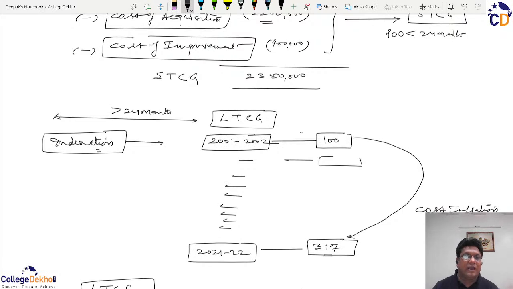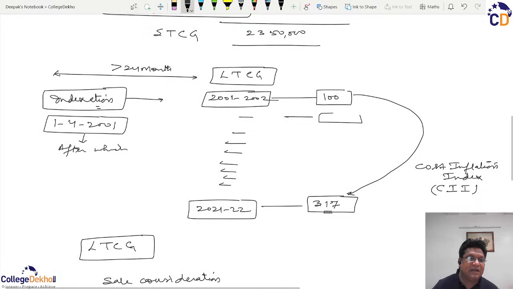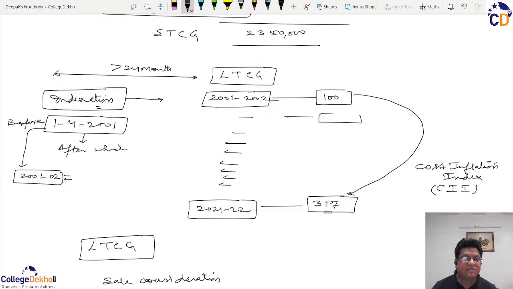So any asset, 1st April 2001 has been the date after which indexation will be applicable. Or we can say that if any asset is acquired before 1st April 2001, then the base year has to be taken as 2001-2002, and the indexing will be done at the rate 100.